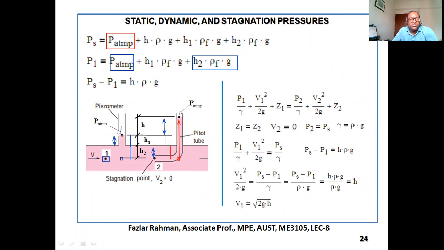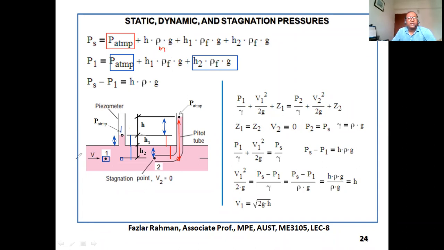The deflection between two points, this point and this point. But if you attach a U-tube and put some other fluid, then this density will come, the density of the manometric fluid. That's why I just put rho, or if you put rho F as per the figure, you need to put rho F. But I just put rho, or you can put rho M.